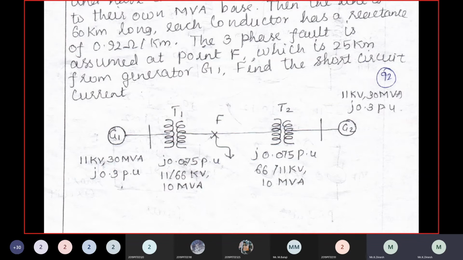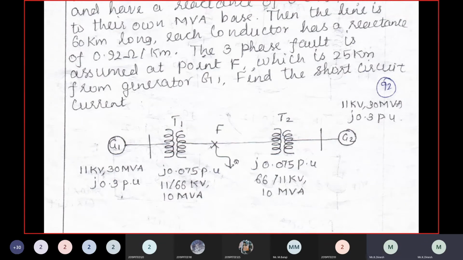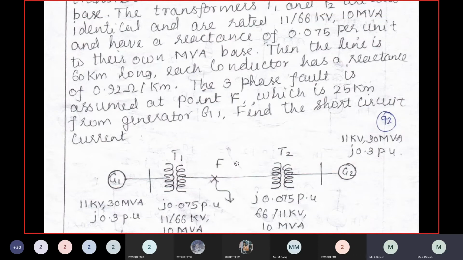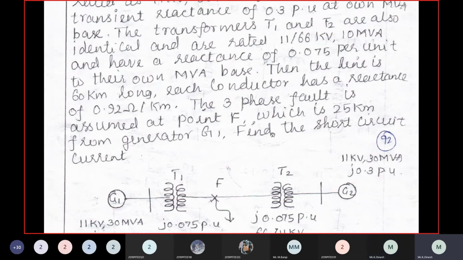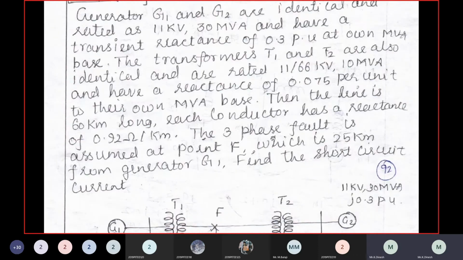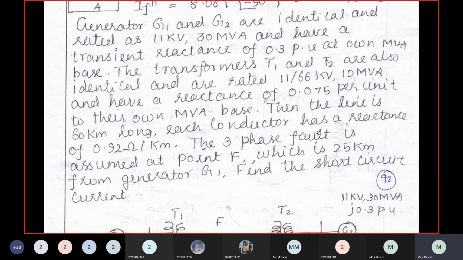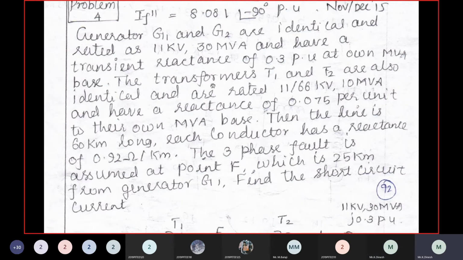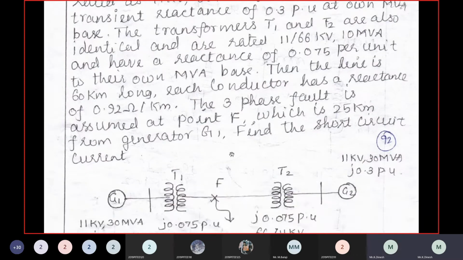Here it is step up, here it is step down. In between is the transmission line. The transmission line fault distance is given. The length of the transmission line is 60 km.